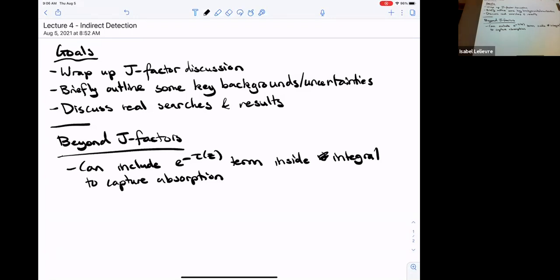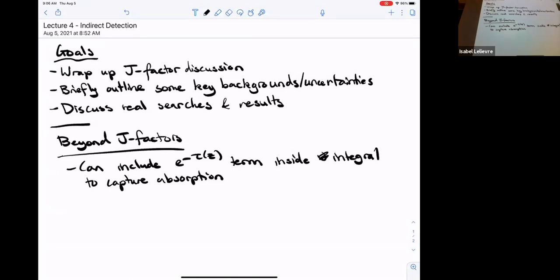For very high energy electrons and positrons, typically one of the major loss mechanisms is inverse Compton scattering, as we discussed yesterday. So then that produces more high energy photons. If they're high enough energy, those photons can pair produce again, and so then you get a cascade. The effect of that is to convert your original high energy photon into a large number of photons that are too low energy to pair produce through this cascade. So that's one example. There's a question there.